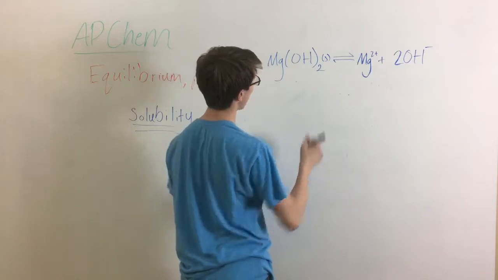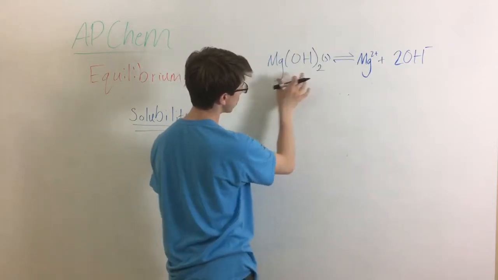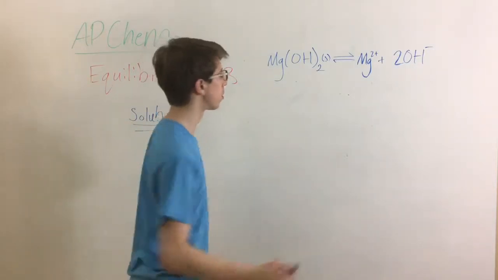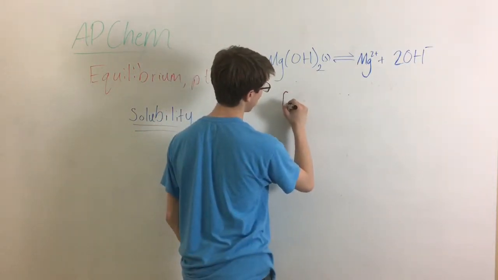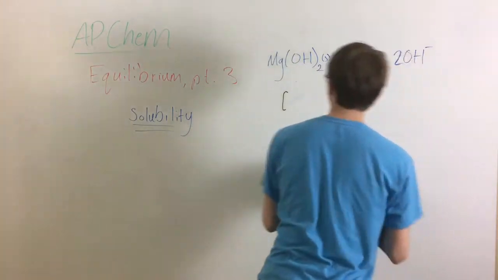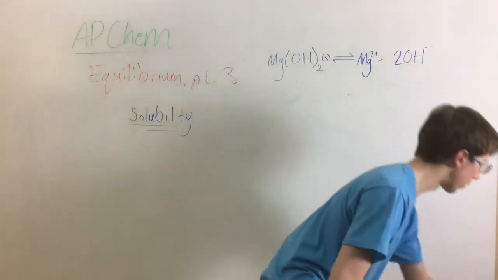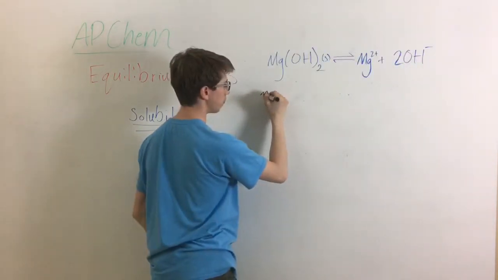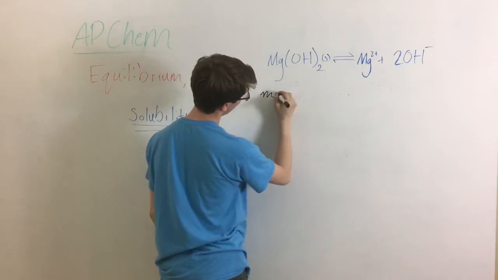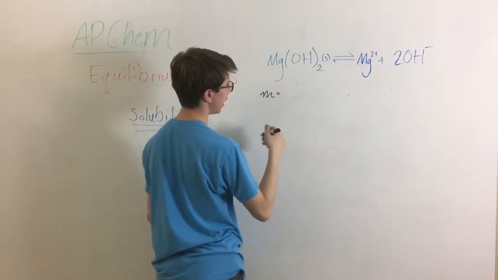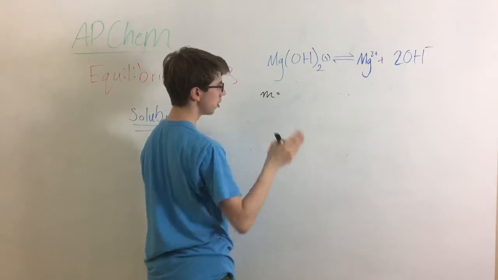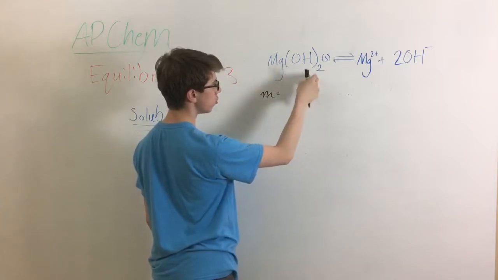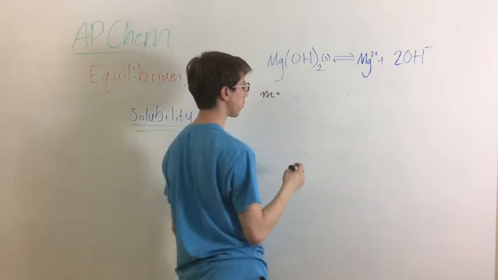But say instead that we are given the moles, or the molarity, or why don't we just say that we're given the concentration? Well, not really concentration since it's a solid, so why don't we say that we're given the grams instead? So first, let's say we know the molar mass of magnesium hydroxide is about 26, plus 2 times 17, so it's 34 plus 26.